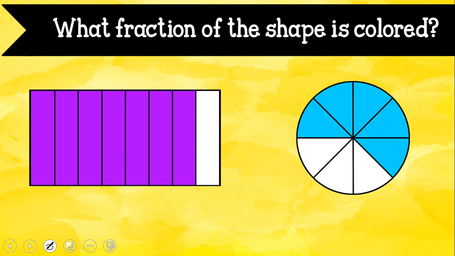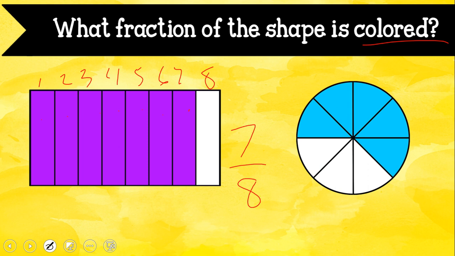Okay, so I have 1, 2, 3, 4, 5, 6, 7, 8 rectangles all together. So 8 rectangles, so 8 parts all together make up the whole. So 8. And then I have 1, 2, 3, 4, 5, 6, 7 that is colored. So it's 7 over 8.